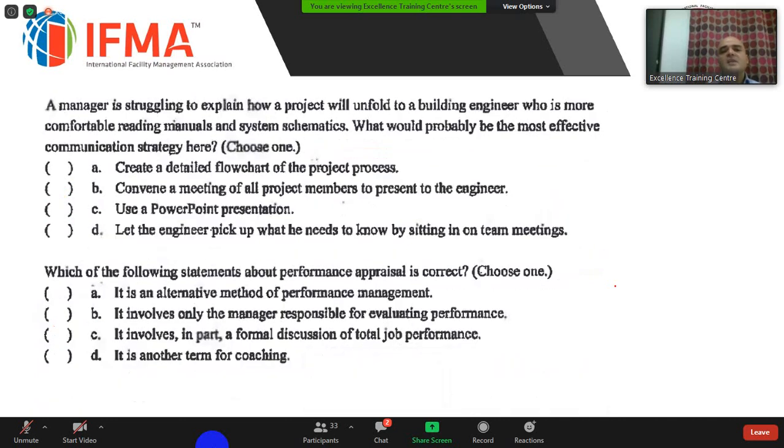A manager is struggling to explain how a project will unfold to a building engineer who is more comfortable reading manuals and system schematics. What would probably be the most effective communication strategy here?